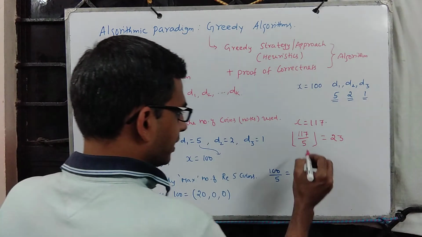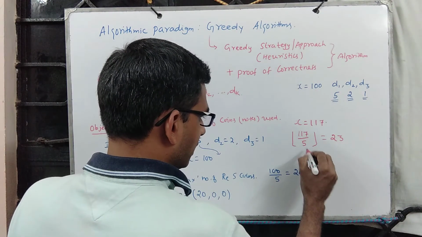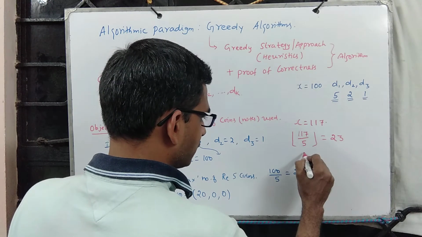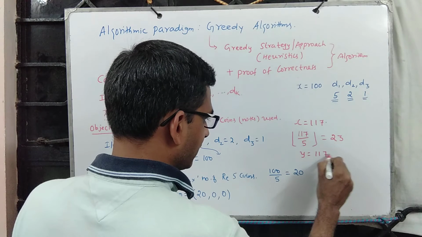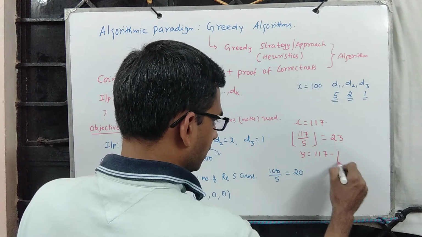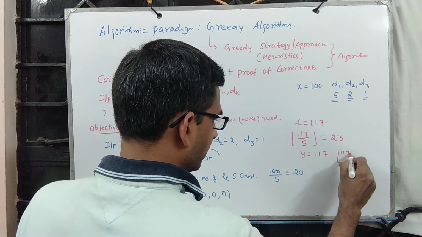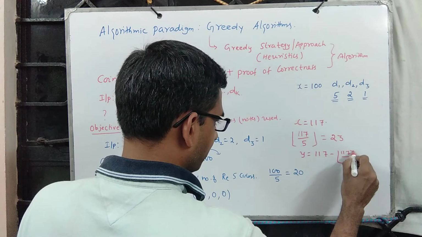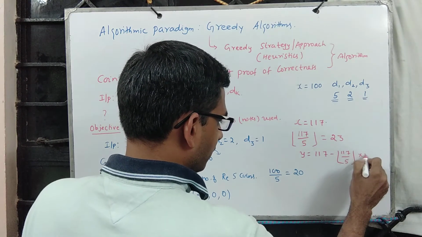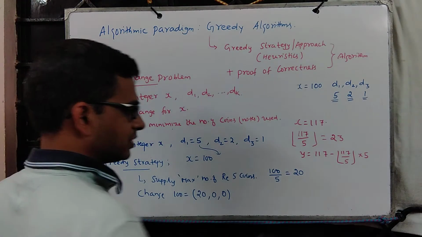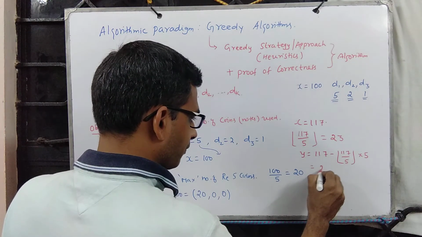After this you are left with y, which is 117 minus floor of 117 by 5 times 5, which means you get 2.